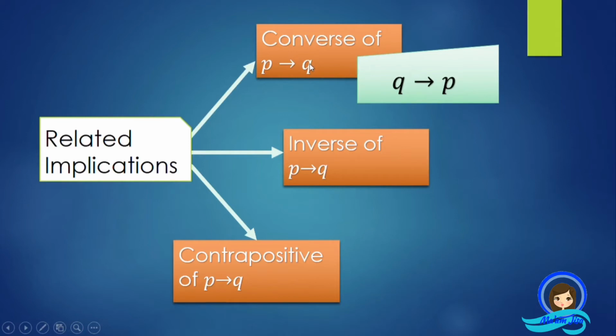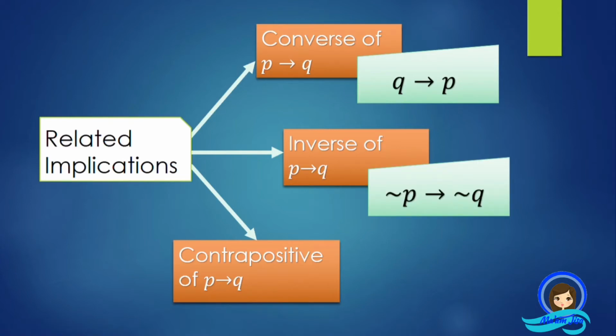So from P implies Q, the converse is Q implies P. That means the antecedent P in the conditional becomes the consequent in its converse. Similarly, the consequent in the conditional becomes the antecedent in its converse.